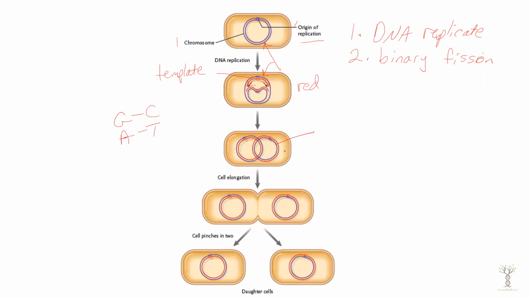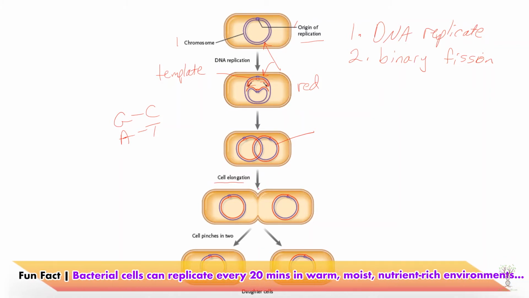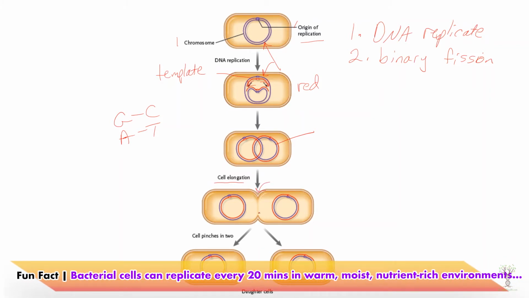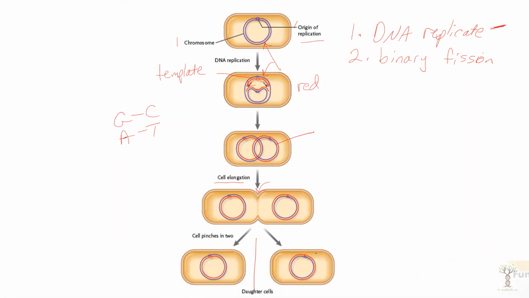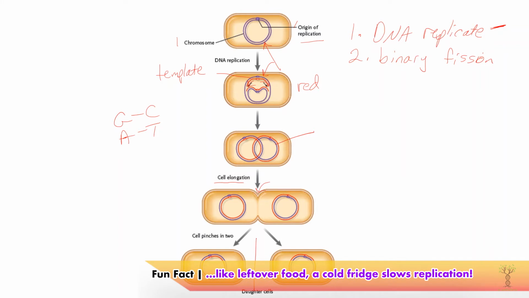When we have these two new replicated DNA molecules, now we can basically split the cytoplasm. The cell will elongate, and then it will pinch in the middle and basically just divide into two new cells. It's important that the DNA replicates before the cell divides because each new cell needs to have a copy of the DNA molecule.